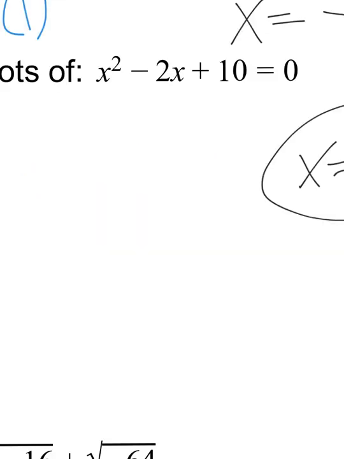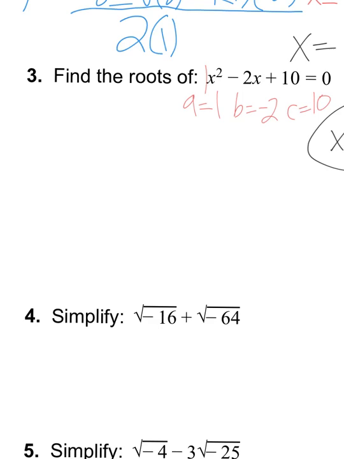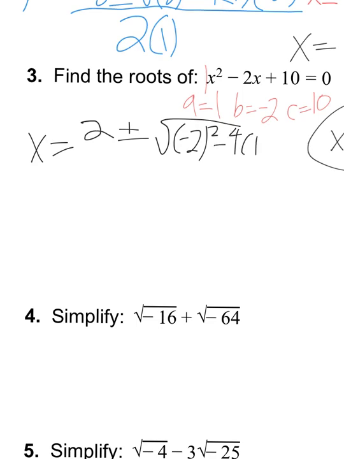Number 2, I have an a value of 1, a b value of negative 2, and a c value of 10. All right, so plug everything into the formula. We have x equals negative b, and it was already negative, so negative 2 turns into positive 2, plus or minus the square root of b squared, so negative 2 squared, make sure you use parentheses, minus 4 times a, which is 1, and c is 10.